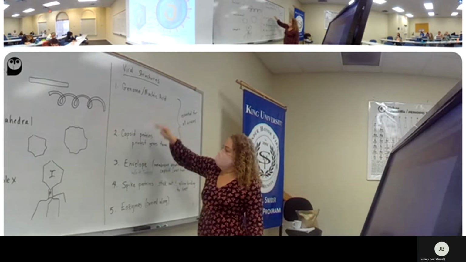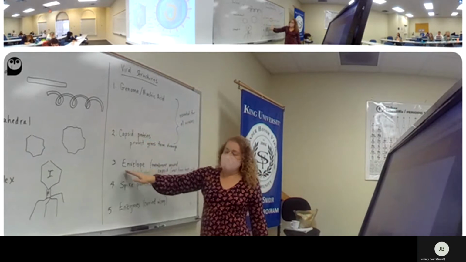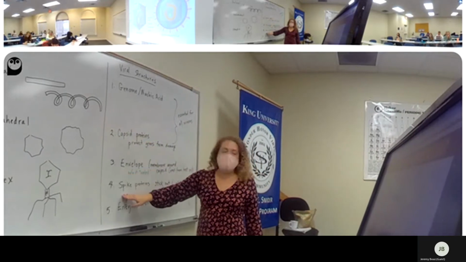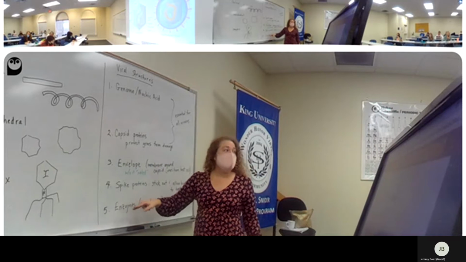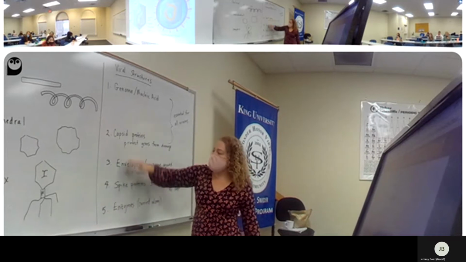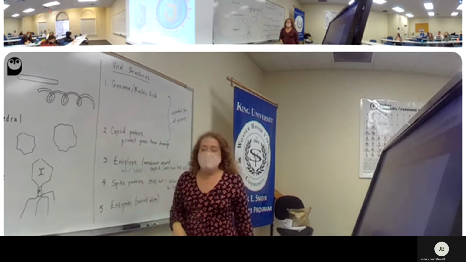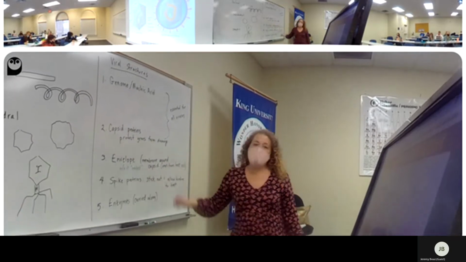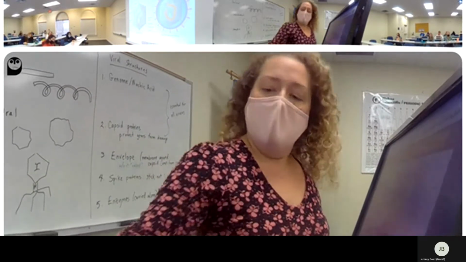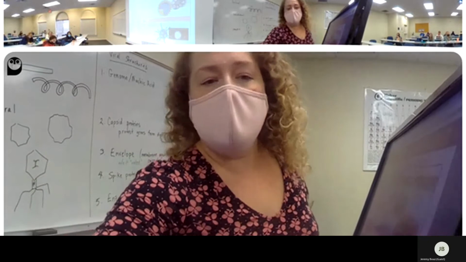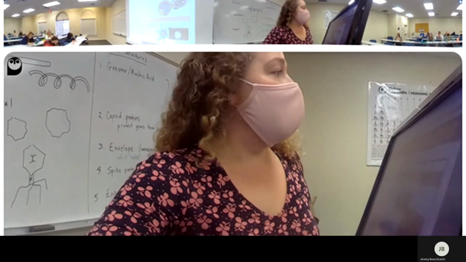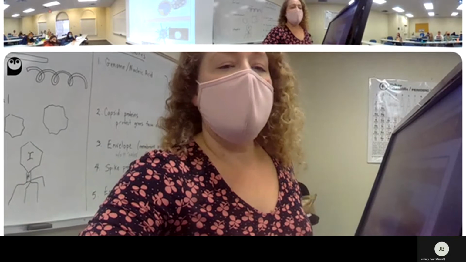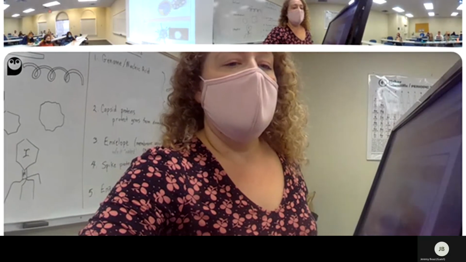It's got genome, it's got capsid. It does have an envelope. It does have spikes. It does not carry enzymes. So to be coronavirus, it has to have all of its usual things. Tobacco mosaic virus, which is this one that looks like the coffee straw, it doesn't have an envelope. It doesn't have spikes. It doesn't have enzymes.